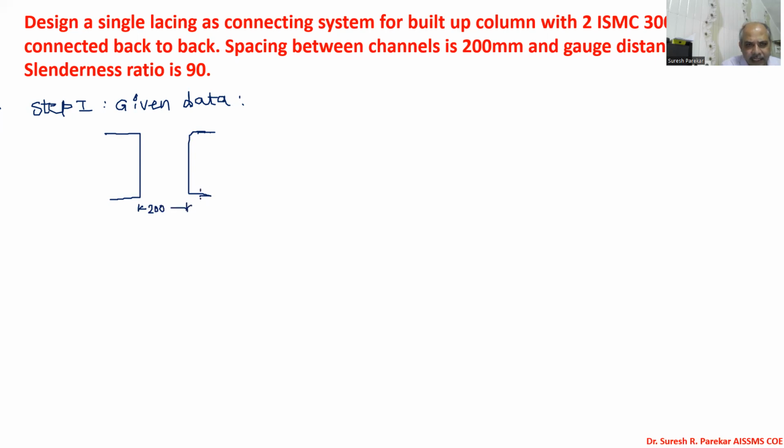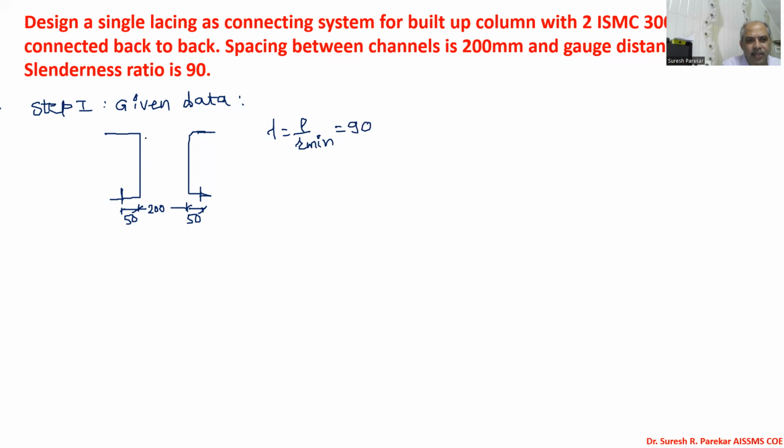Then we have given gauge distance, meaning where we have the bolt. So this is given as 50. This also we have given as 50. And then lambda, that is slenderness ratio, L by r minimum. This is given as 90.